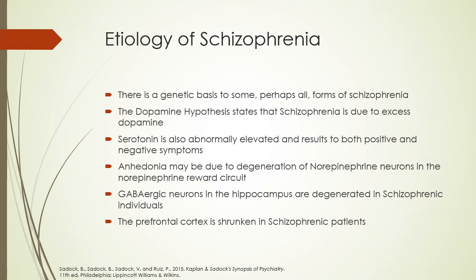They also found out, in connection to that, that the prefrontal cortex, which is the most anterior portion of the frontal lobe, the cortex is shrunken in schizophrenic patients. And this is because in that region, acetylcholine is the most important neurotransmitter, and it is shrunken in these patients.